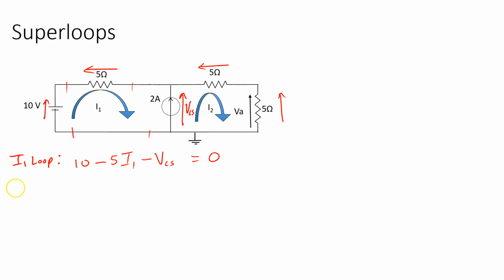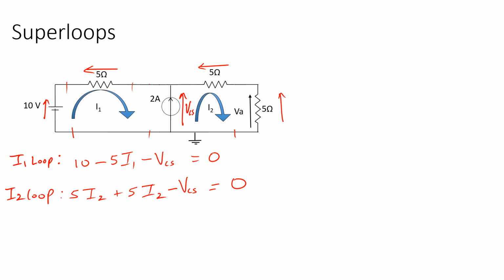And then I have the I2 loop. Here I'm going to start at this point and go in the anti-clockwise direction, and again you could go in any direction. So I get 5i2 plus 5i2 minus VCS is equal to 0.